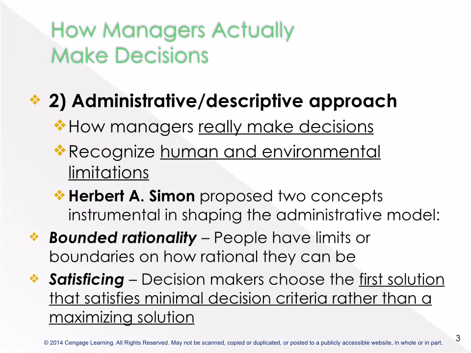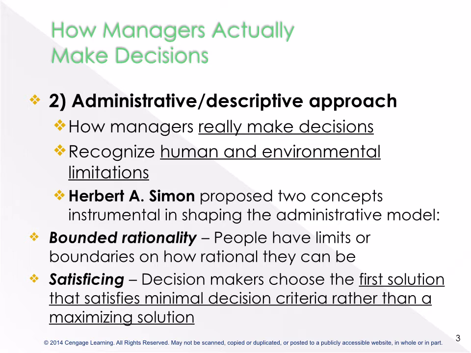So in this approach, the world is not always rational because there are always human, information, and resource constraints. And the final aspect of this approach is that most managers settle for something known as satisficing rather than a maximizing or ideal solution. Satisficing is exactly the opposite of a maximizing or ideal solution.